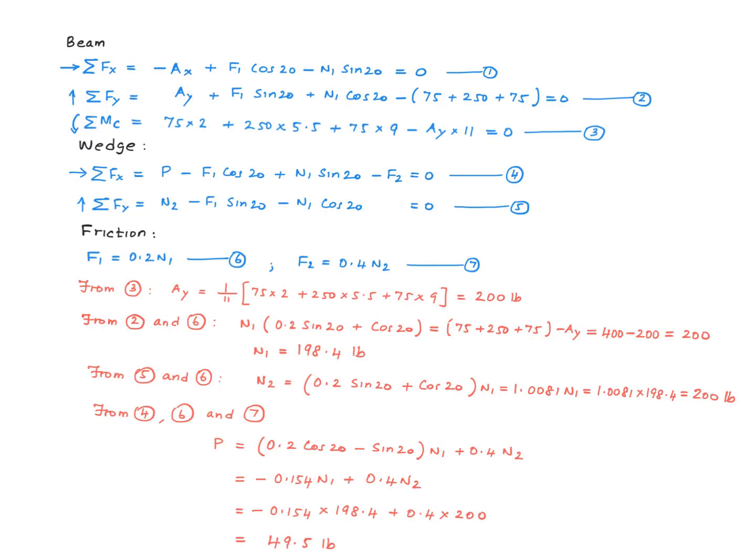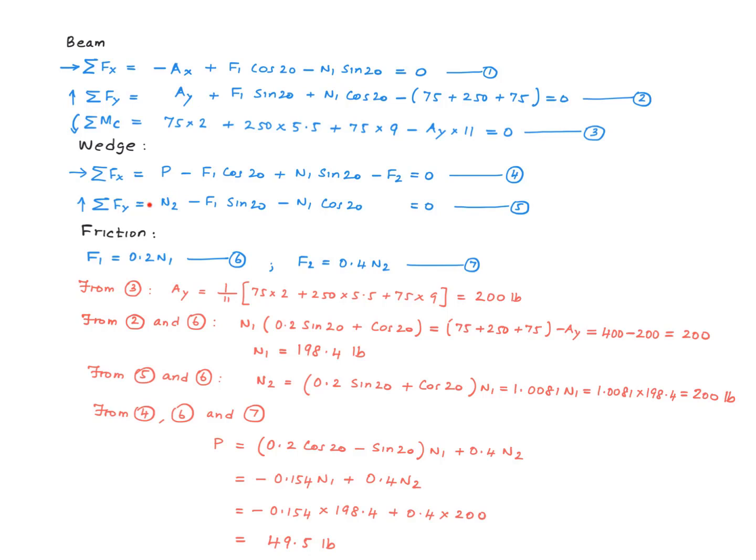We bring everything else to the right side. So the three terms here, they go to the right side like that. And then of course when Ay goes to the right side, it becomes minus Ay. We now have a value for Ay, so you substitute that, and that becomes equal to 200. Solving that equation for N1, we get a value of 198.4 pounds for N1.